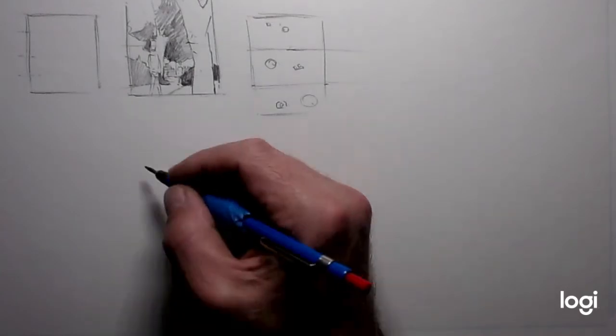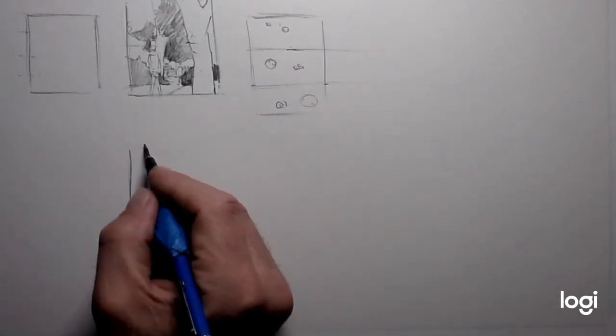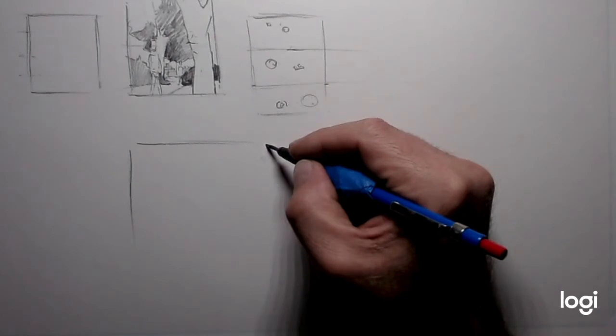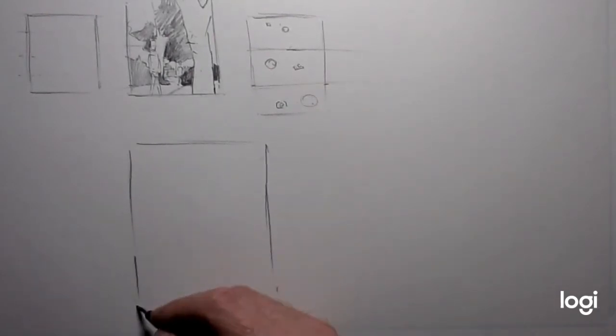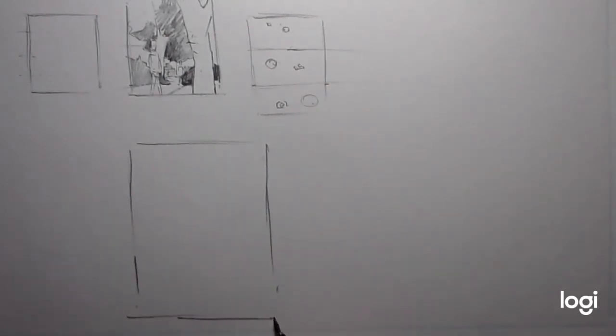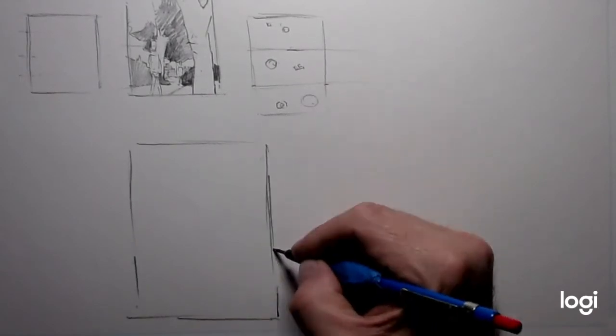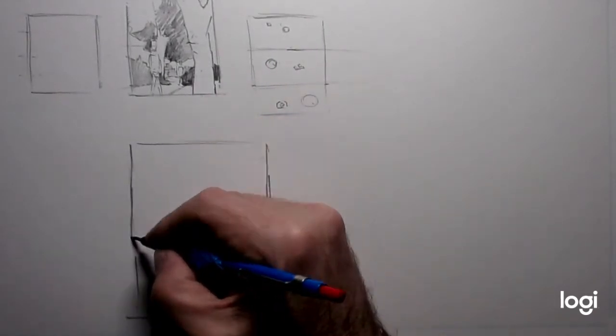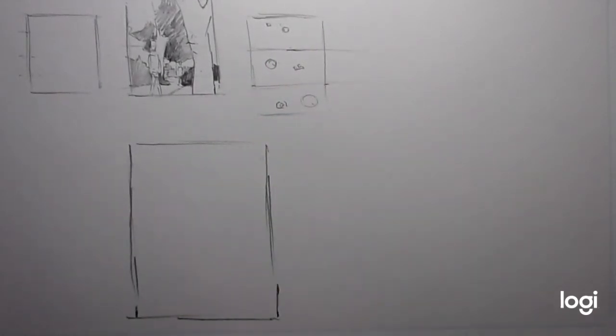So let's do that with some other topics, okay? Or how about I'm going to do one a little bigger now. Okay, we're going to start out again with the ground plane.